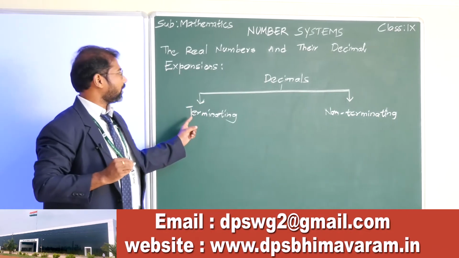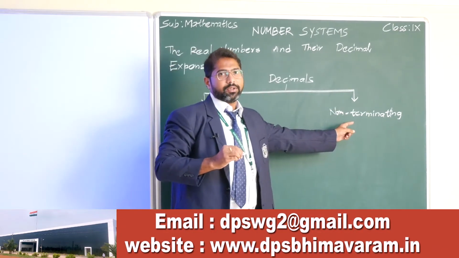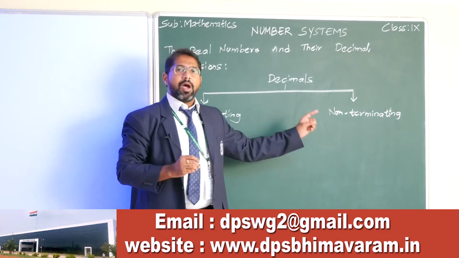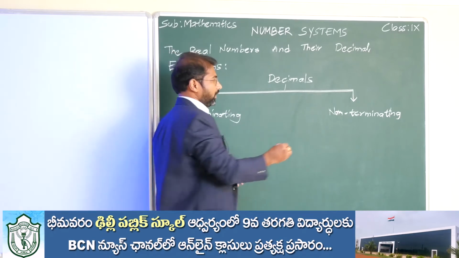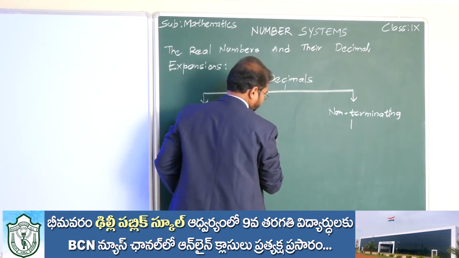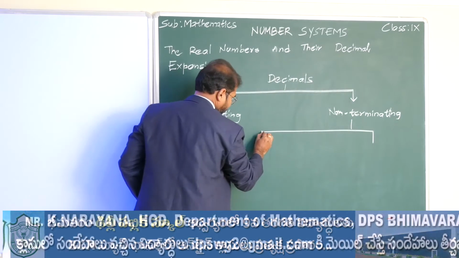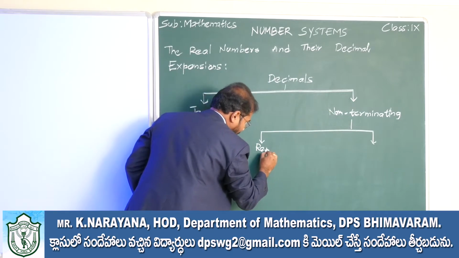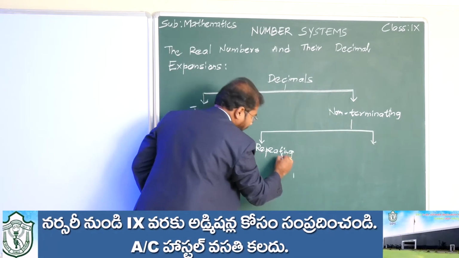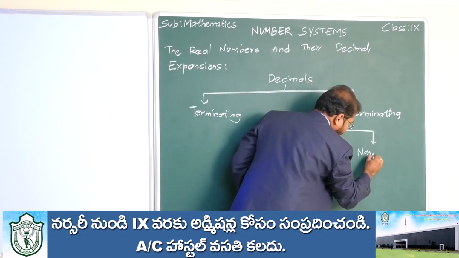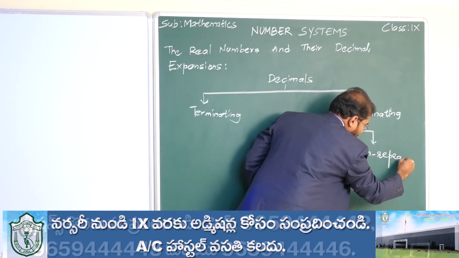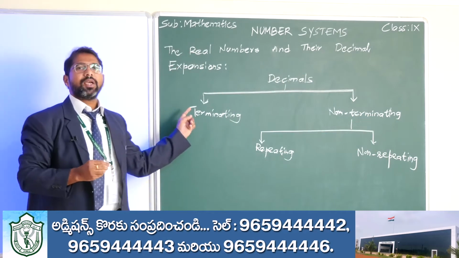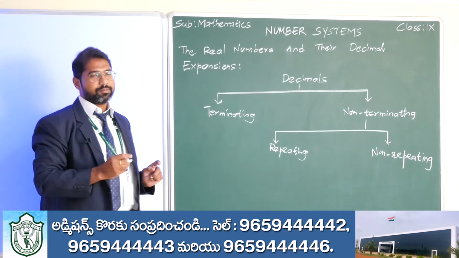Decimals are classified into terminating and non-terminating. Again, non-terminating decimals are classified into repeating and non-repeating. Let us see some examples of terminating decimals.